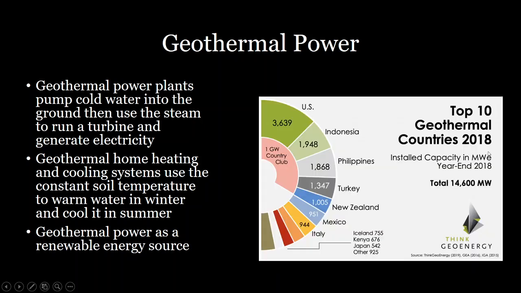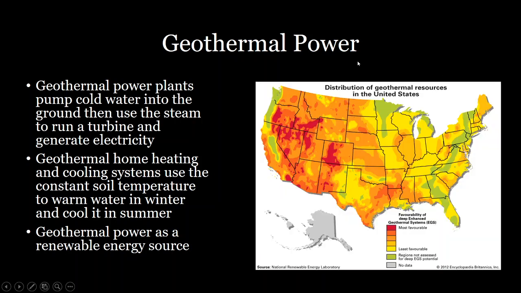We can see here that the U.S. currently produces about 3.6 megawatts of hydrothermal power per year, and it's one of the leading producers of hydrothermal power, followed by Indonesia, the Philippines, Turkey, and New Zealand, areas that have a lot of geothermal potential due to their geography.